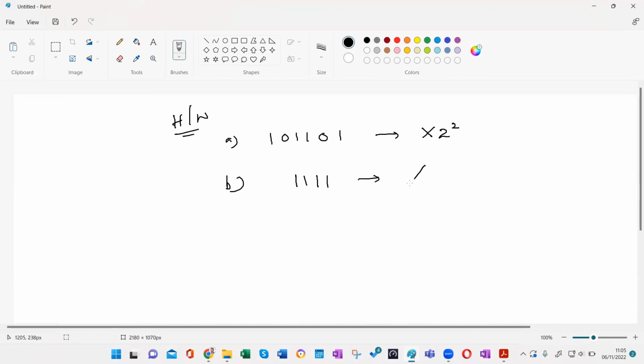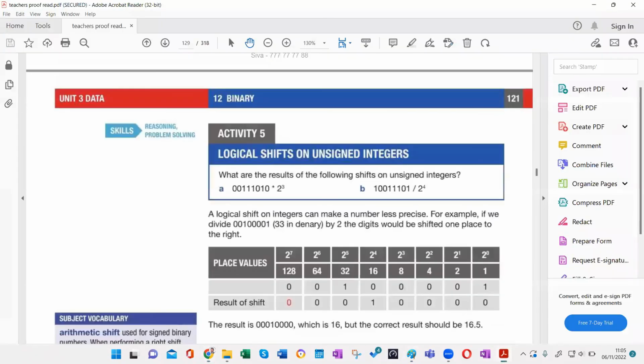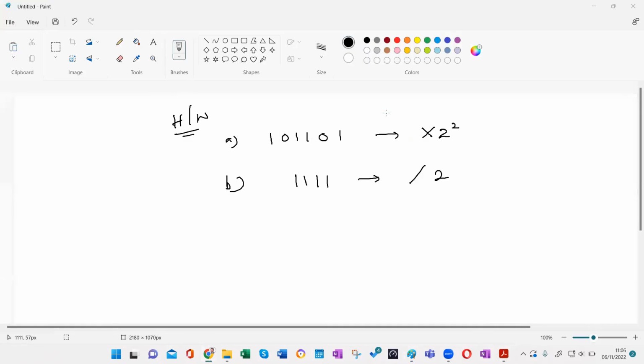Perform a division of 2 to the power 2. I'll make it simple.